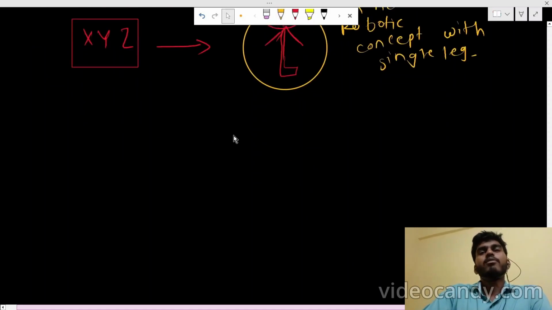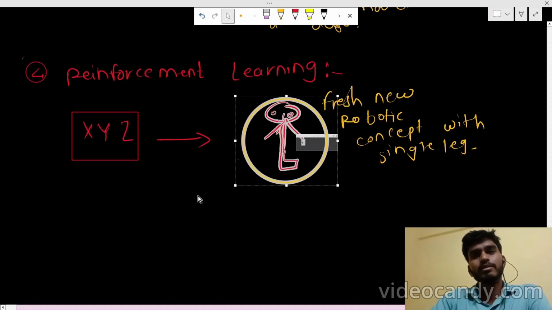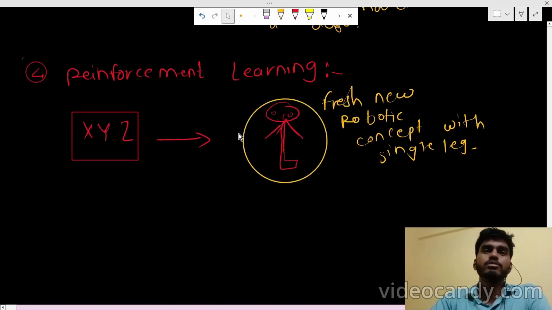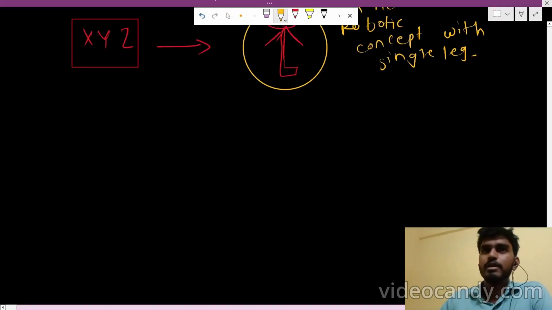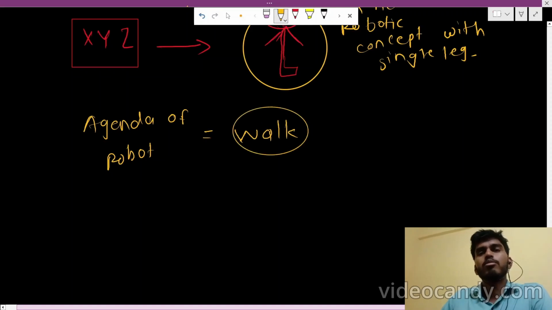So let me tell you how they will develop this reinforcement learning model based on some rules. Let's say the agenda of the robot is to walk. The robot is created to walk by using its single leg.